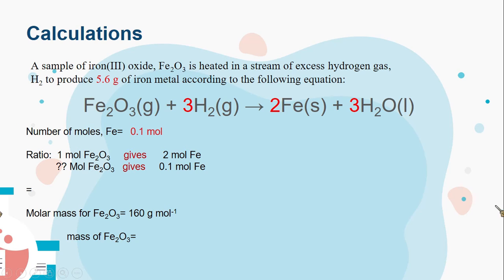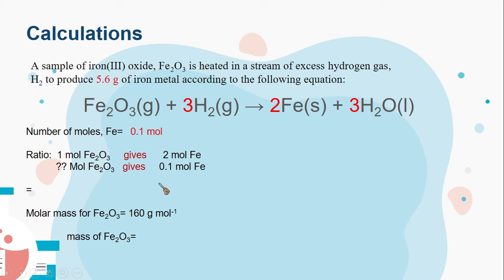Never mind. Now we look back at the number of mole of Fe, 0.1 mole. Just now, like teacher said, 1 mole iron 3 oxide gives 2 mole of Fe. So how many mole of iron 3 oxide gives 0.1 mole Fe? 0.05.